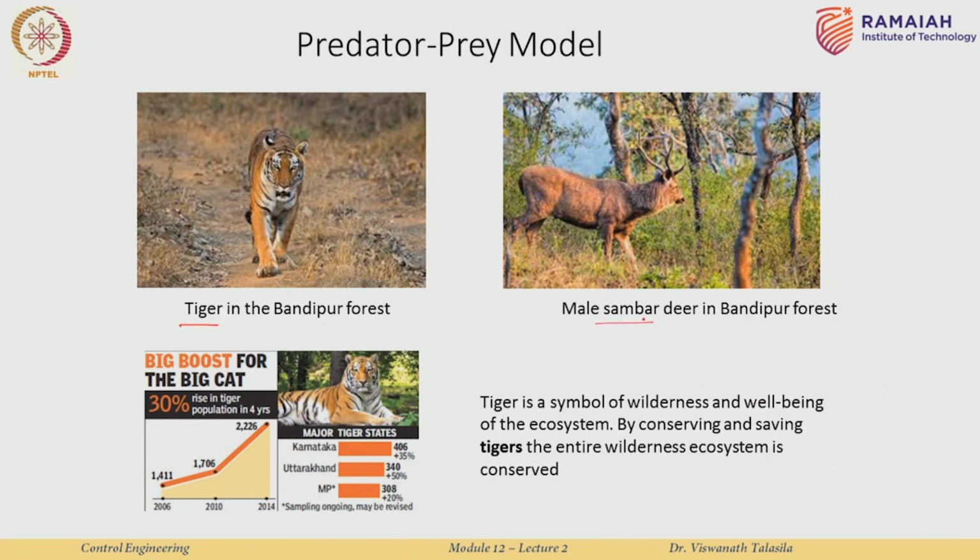These are two pictures which I have taken off the net, and they show a tiger and a deer in the Bandipur forest, and the male Samba deer is native to the Bandipur forest. One of the reasons why people do a lot of modeling for these tigers or predators in forests is because the tiger is basically a symbol of the well-being of the ecosystem.